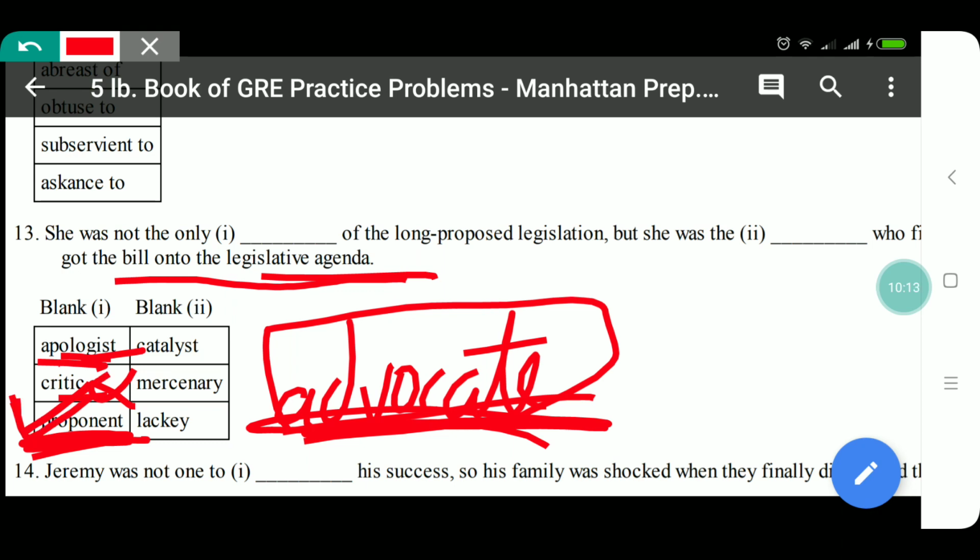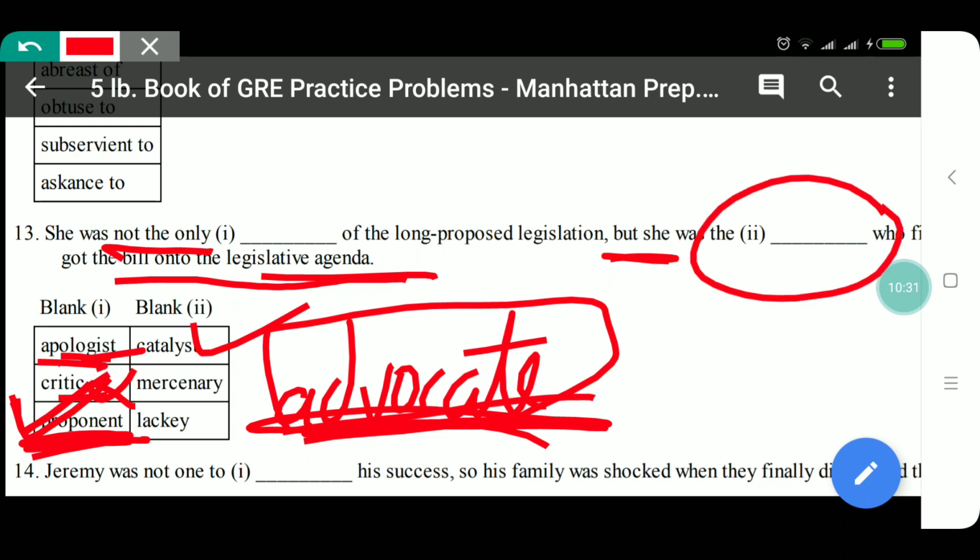For the first blank you have proponent, and for the second one you have catalyst. I hope you have understood how to identify the words, and there is no other trick. You have to follow the keywords, and sometimes if the first blank is not giving you the answer, you have to go through the second blank. Other than that, you have to be good with vocabulary.